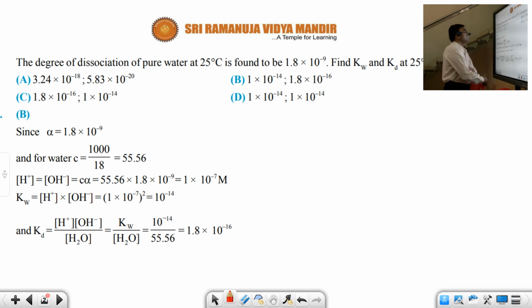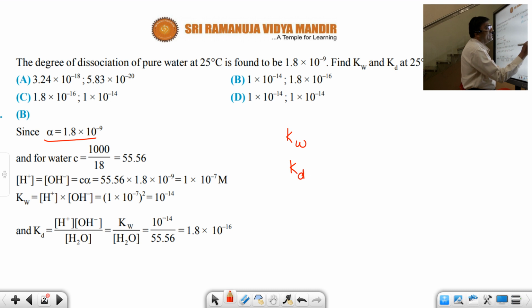So the degree of dissociation, that is alpha, is given 1.8 into 10 power minus 9, and find Kw and Kd. So Kw is the ionic product and Kd is a dissociation constant of water, and you are expected to find these unknowns.